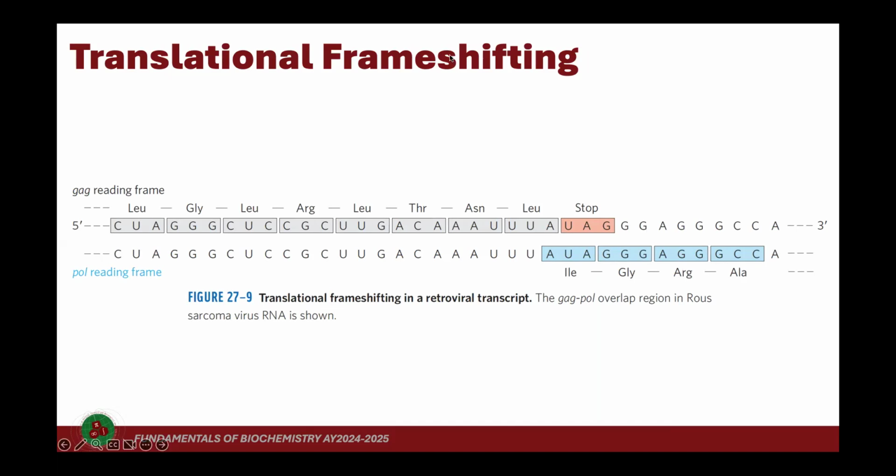Okay? And then before we officially proceed to the protein synthesis part, we're going to talk a bit about translational frame shifting. So this phenomenon happens when the ribosome encounters a hiccup during protein synthesis. So what happens is that in the middle of reading the mRNA transcript, the ribosome changes position in a way that shifts the reading frame midway of the protein synthesis. So, like here, this is a gene for a sarcoma virus.